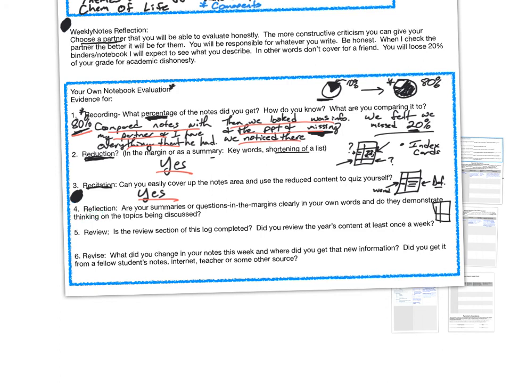So when I'm looking for reflection, and when you're looking for reflection, hopefully what you're seeing in your own notes is what I'm going to see when I grade your notes and compare it to this study group session page: a reflection with questions in the margins and summaries that demonstrate that you understand the content to the point where you can write them in your own words and ask your own questions.